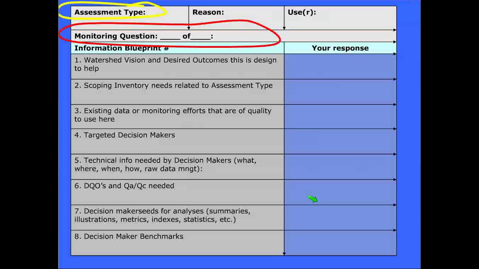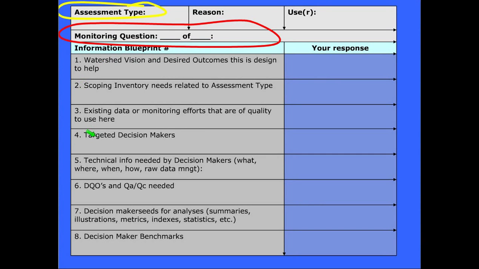And if you take a peek at it, I'm going to highlight some interesting questions. Like this first question is, how is this monitoring question and this assessment type related to my vision for the watershed or my organizational outcomes? It's connecting this specific monitoring plan you have to your organization's needs. How does it relate to what exists out in the watershed already? These are all phase 1 things.